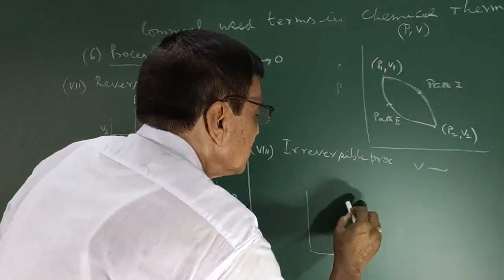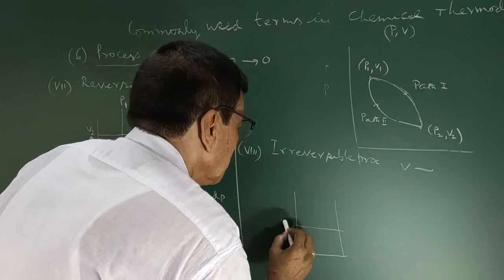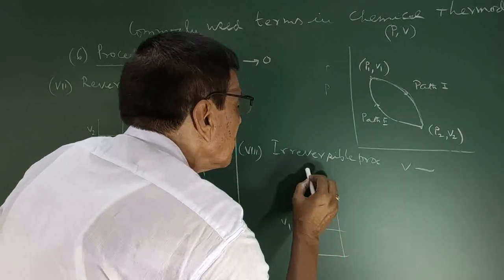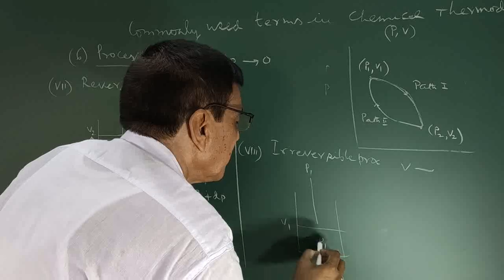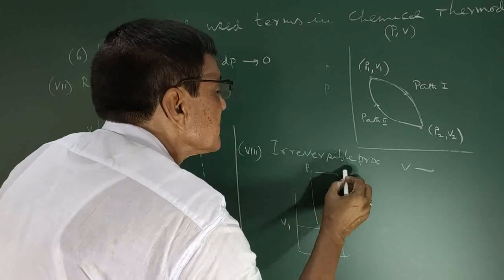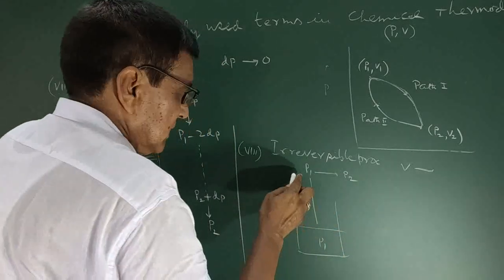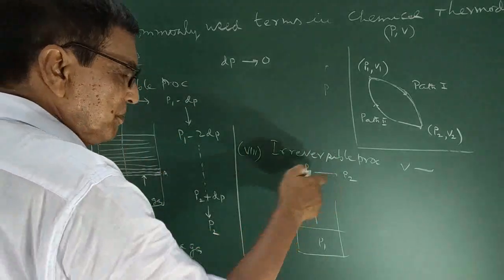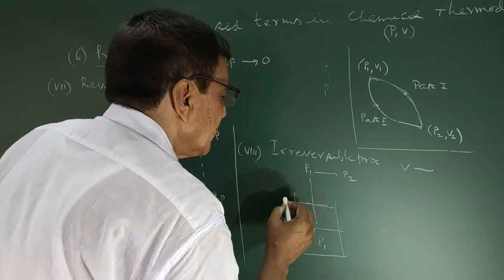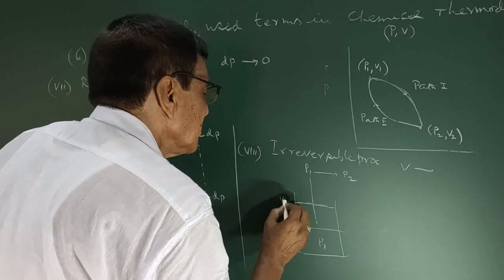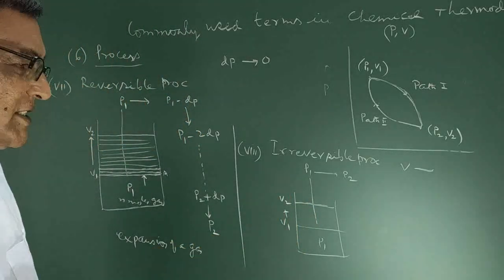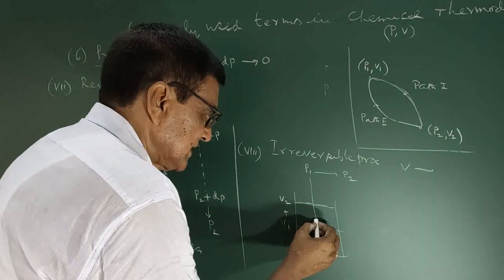Suppose in this case, here it is V1 and pressure is P1, here also P1, and in a single step P1 is decreased to P2, and volume suddenly rises from V1 to V2. So this process is spontaneous, and this process is a sudden process.